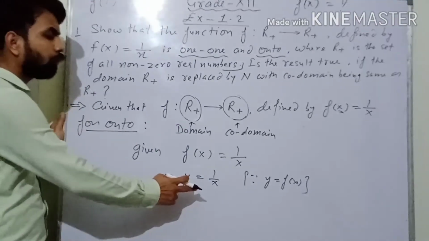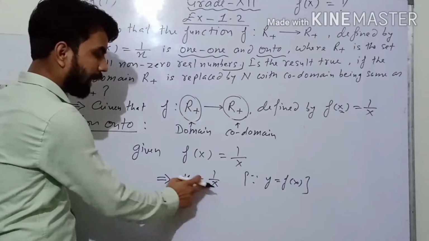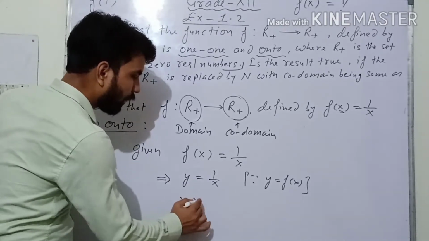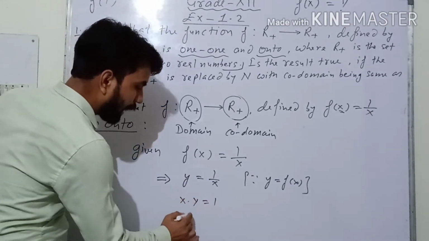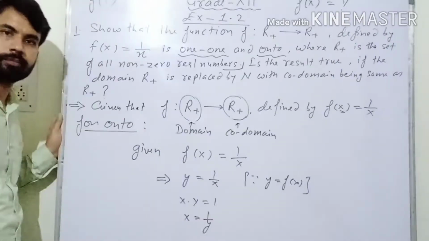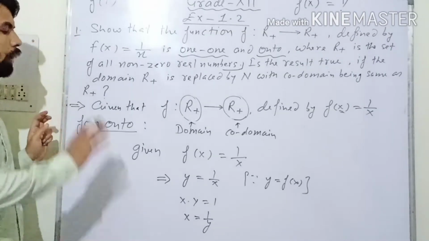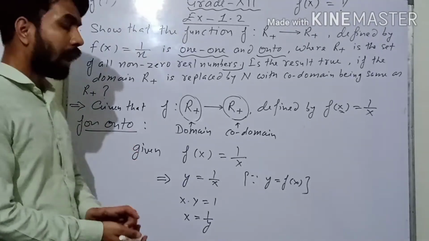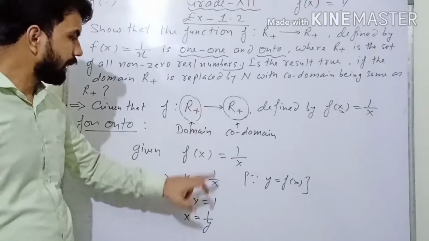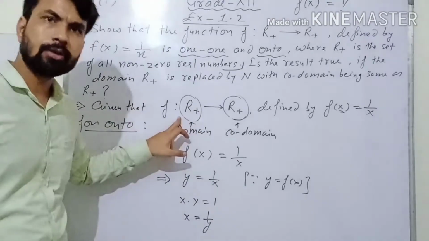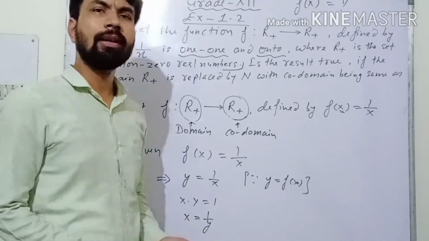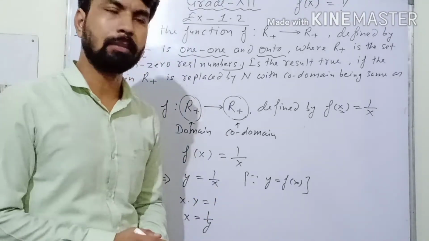Now if we want to find the value of x, then this x is multiplied here. So x into y equals 1, and x equals 1 upon y. Is that clear? Now, I explained that y always belongs to the codomain and x always belongs to its domain. So the codomain is the set of all positive real numbers.